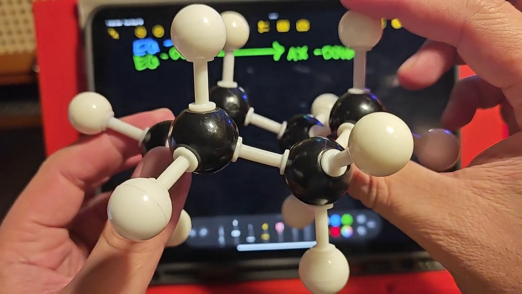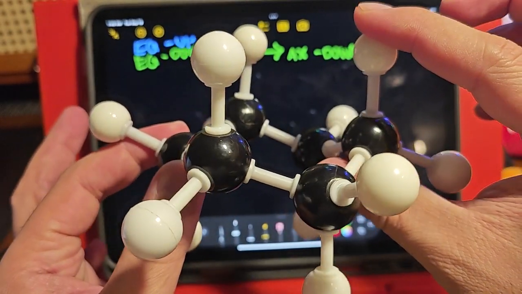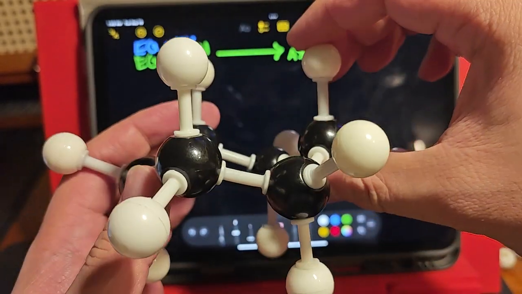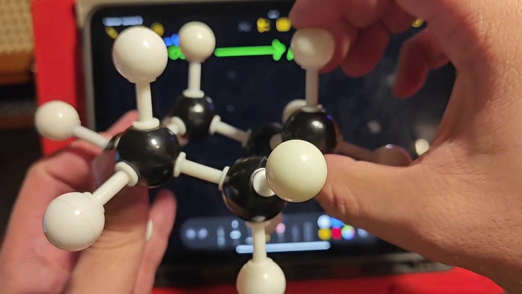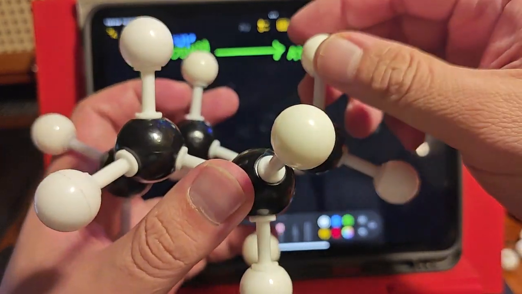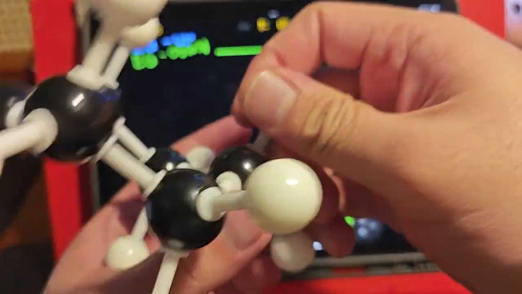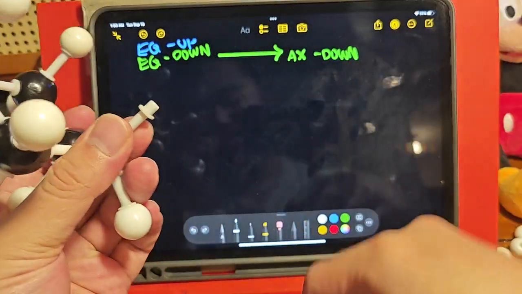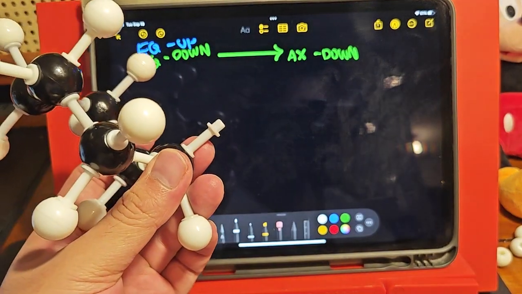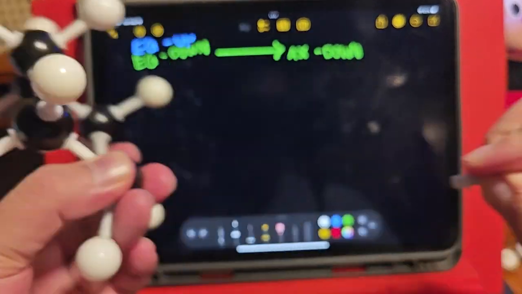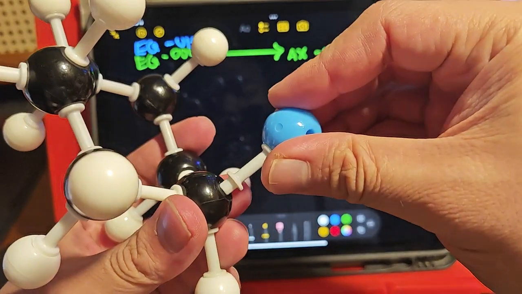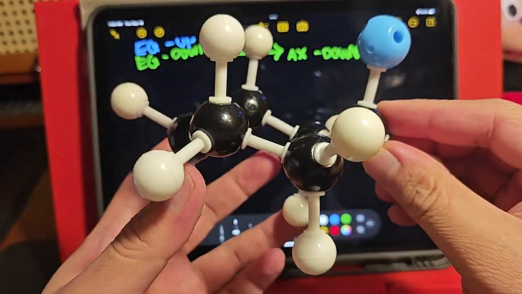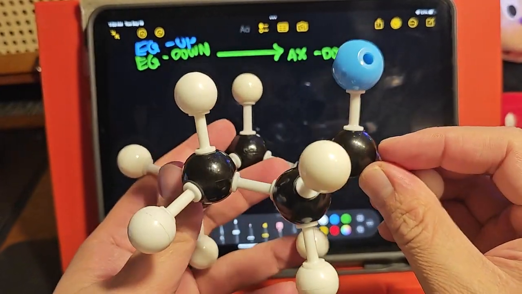Put it on the rightmost of the molecule and make sure that the headrest is on the rightmost, and you'll take its hydrogen on an axial up position and you'll replace that with a blue nitrogen. Okay?